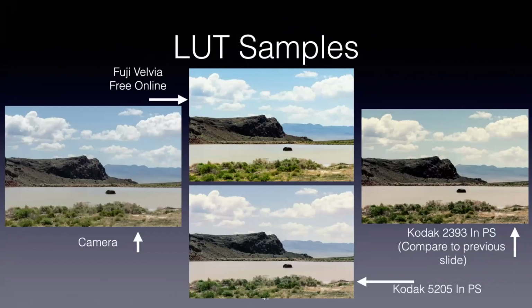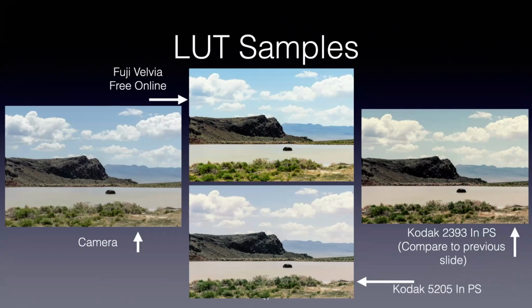Here are some different ones. This is out in the middle of Nevada last summer. The one on the left is out of the camera. I have a bunch of film LUTs. I have a Fuji Velvia. You can see what it did to the colors. Underneath it is a Kodak 5205, and that's a free LUT in Photoshop.